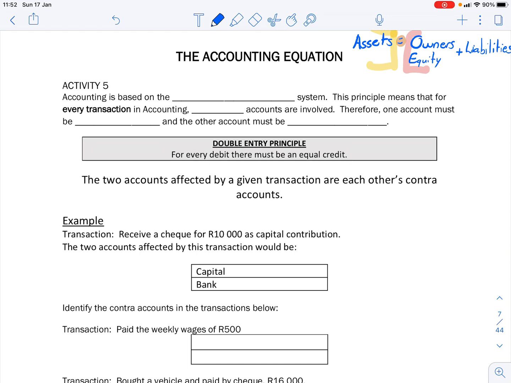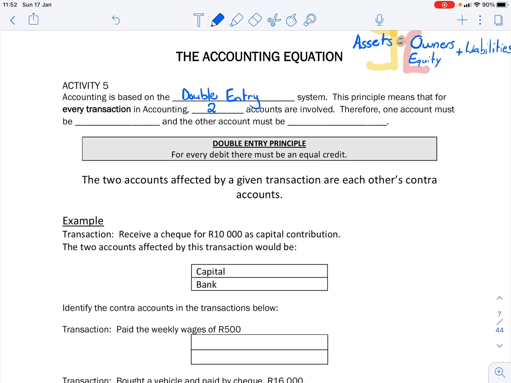Now, if we look at activity 5, we start off with a small activity. Accounting is based on the double entry system. Double entry meaning for every debit, there is an equal credit. So in accounting, two accounts are involved.